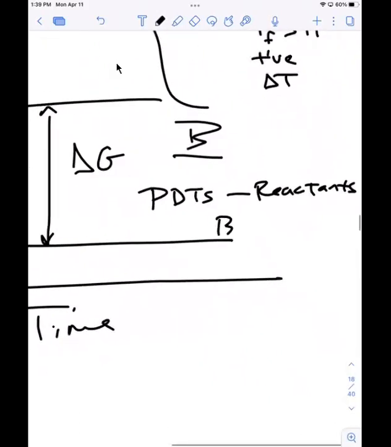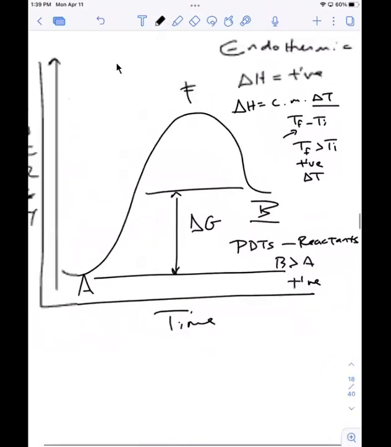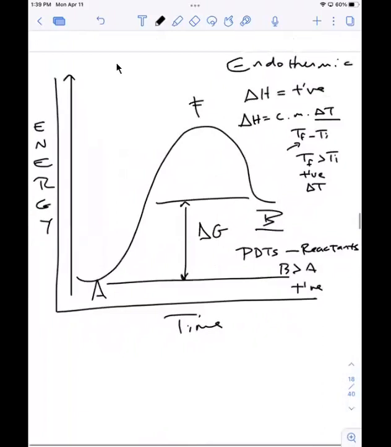So B is going to be greater than A. That means you're going to get a positive number for delta G. So it's the same ideas, but it's flipped when it's an endothermic reaction. Everything that is true for an exothermic reaction is the opposite for the endothermic reaction, right?